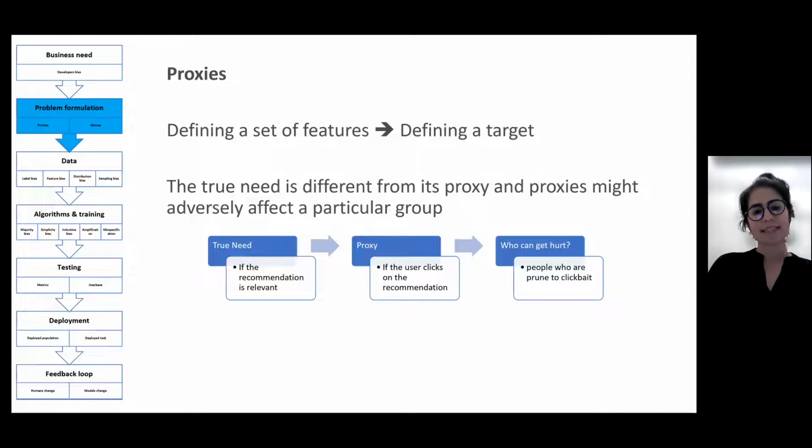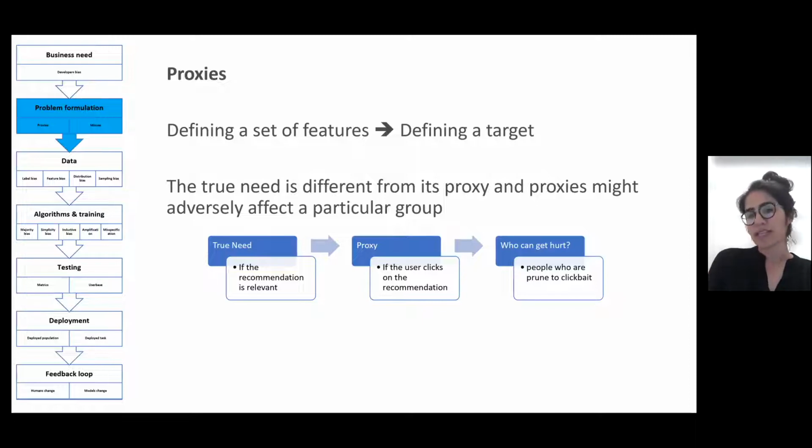If the true need is whether the recommendation is relevant or not, you don't have access to the true need, so you are going to use some proxy. Let's say you look at whether the user clicks on the recommendation or not. Now we can ask the question of who can get hurt because of this proxy.